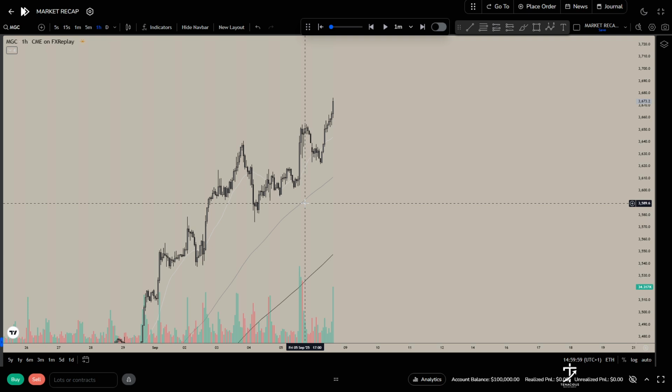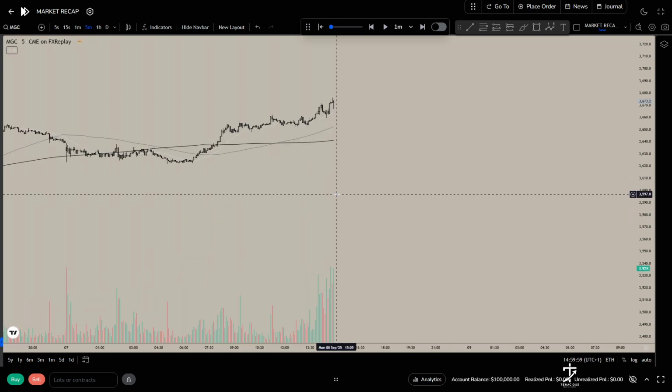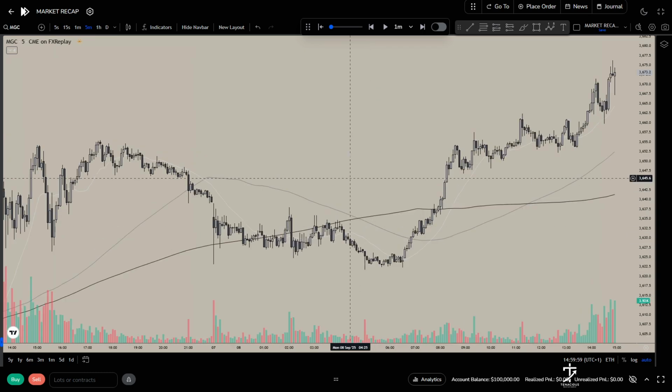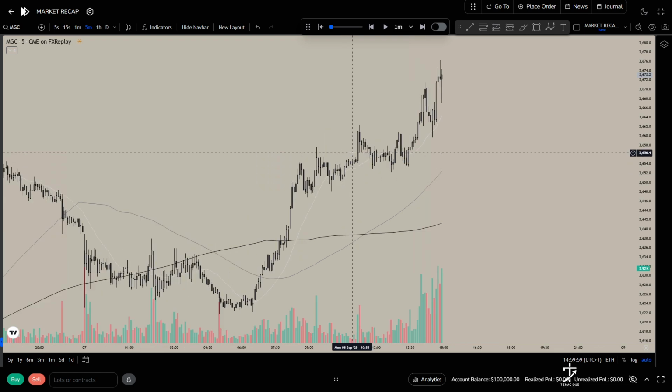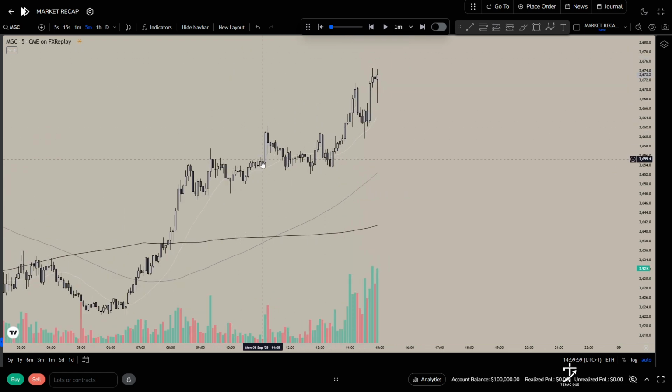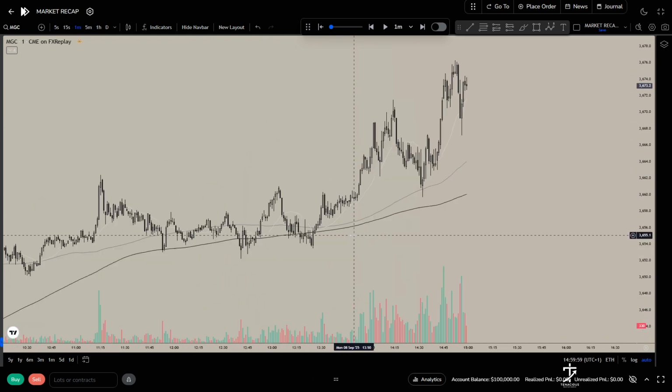So we know that price is bullish based on my 1 hour. When I head over to my 5 minute, we can actually see that price is also bullish. So all I'm going to be doing is just looking for continuations, which is going to help me take this trade higher. And on the 1 minute, it's the same thing.